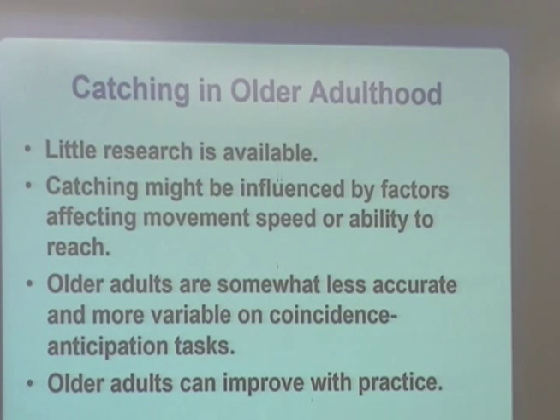Is that we do see that older adults can still improve. So it's not like if I want to start doing it, I'm always going to be awful at it, right? If I'm able to move well enough, I can improve catching, I can improve striking based on practice, even at 60 and 70 years old.